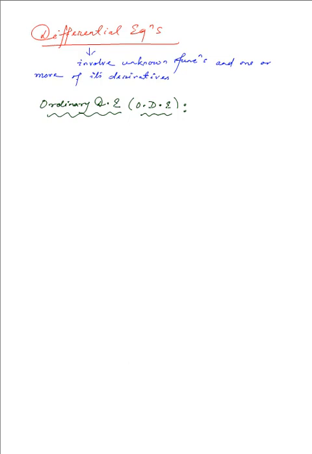Well, it simply means that it is the type of differential equation involving ordinary derivatives. Now, what's ordinary and what's extraordinary, we'll see about that. But this one involves ordinary derivatives, or what we call total derivatives.